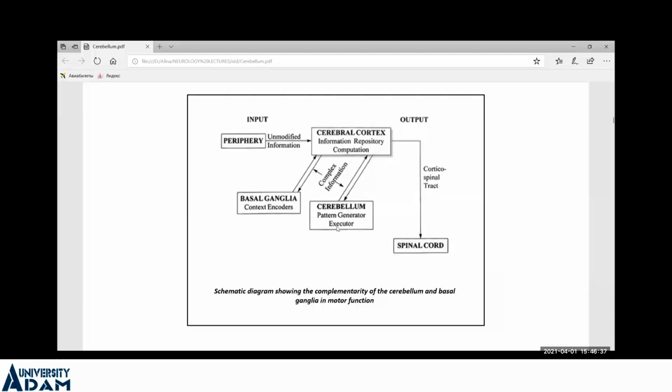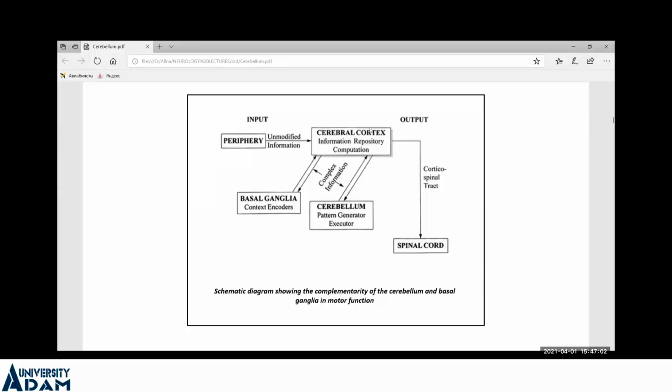They are planning and fine-tuning movements. The cerebellum regulates movements by comparing an intended performance with an actual performance. The cerebellum attempts to reduce errors in the execution of movements. And the basal ganglia's function, guys, is to initiate the movement.